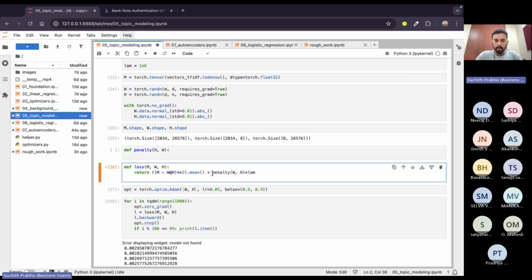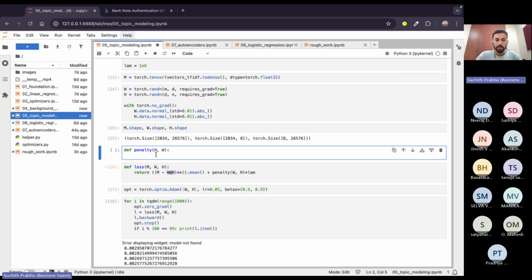So I don't want W and H to be negative. So what could be a possible loss function for that?